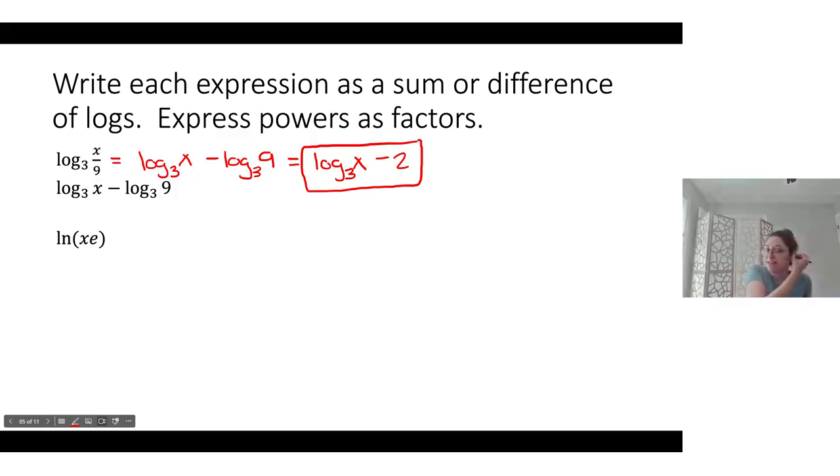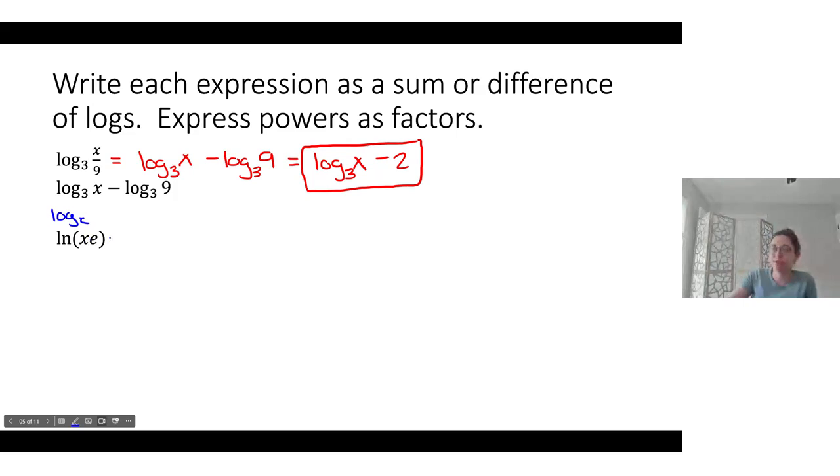Right, next I have the natural log of x times e. Just remember from last class, a quick little review. The natural log is equal to log base e. That doesn't really matter here. We treat the natural log just like we would any other logarithm, has the same properties.